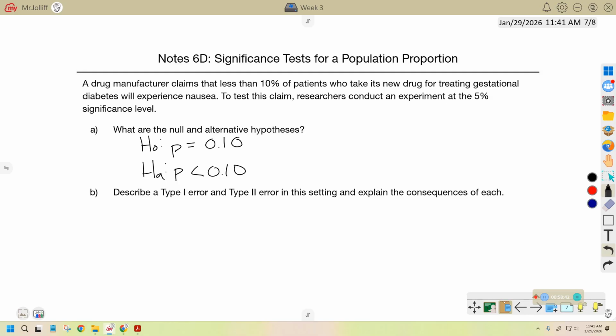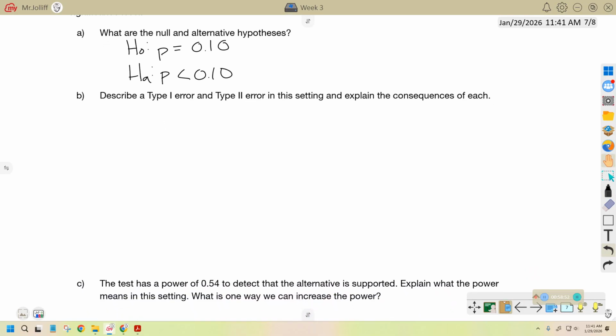Next step says describe a type 1 error and a type 2 error in this setting and explain the consequences of each. So type 1, type 2.